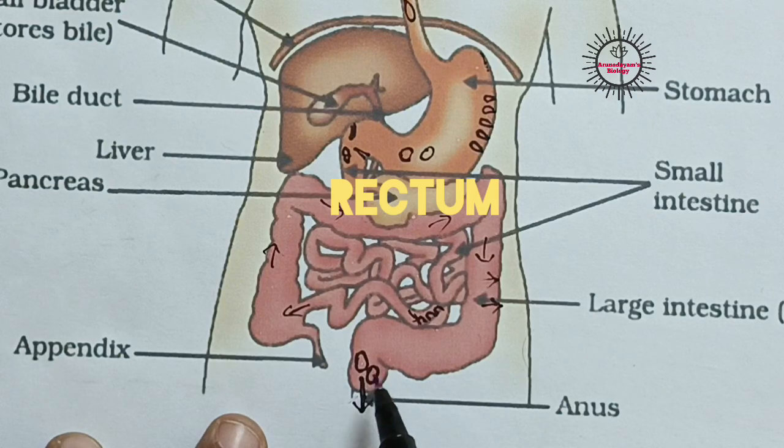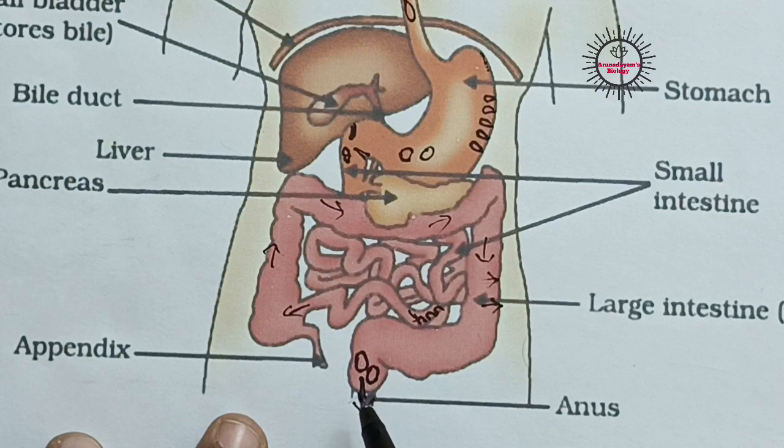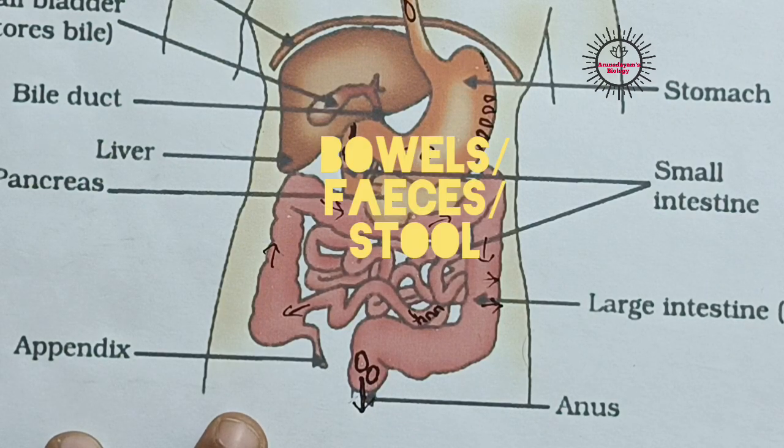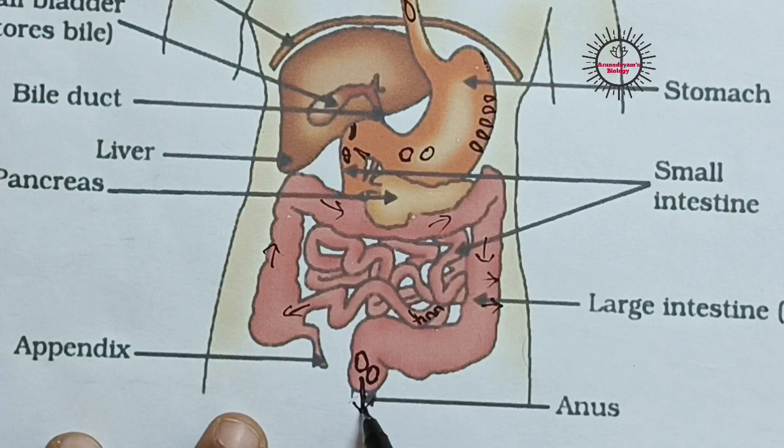These undigested waste food materials are called bowels, stool or fecal matter. The last part of our digestive tract or alimentary canal is called the anus. The anus also contains sphincters, that is, valves. When these valves open, the undigested waste fecal matter gets rid of our body.